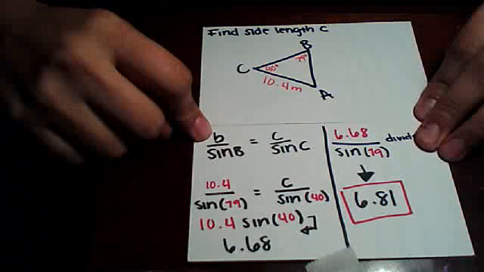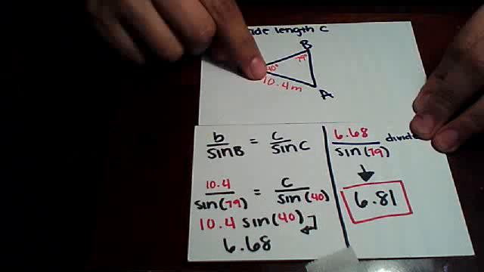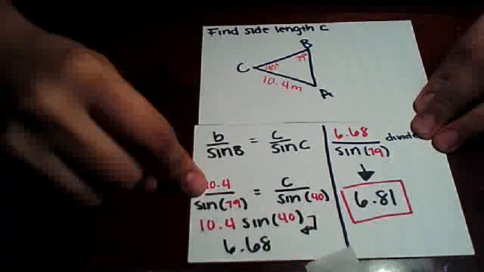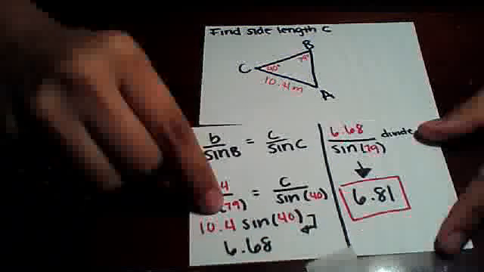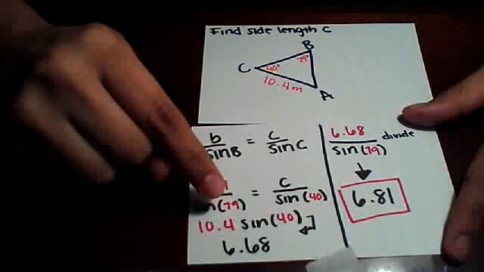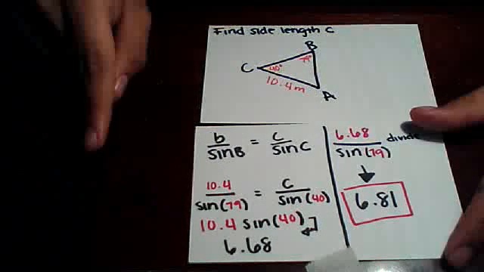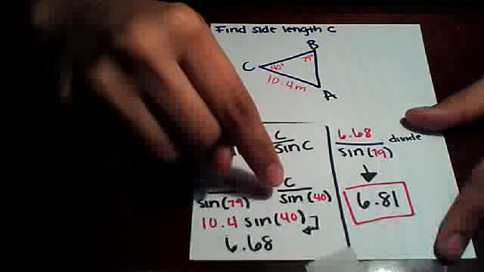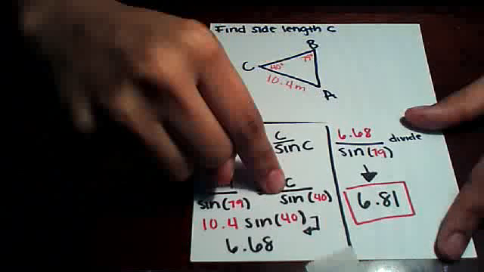Side B would be 10.4 over sine of B, which is sine of 79, equals side C over sine of 40.